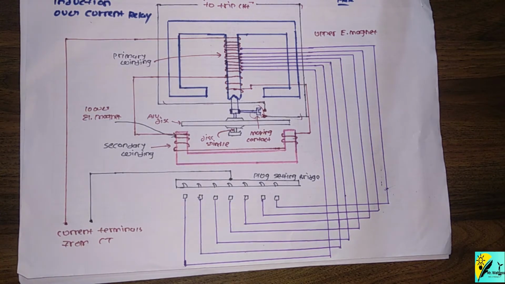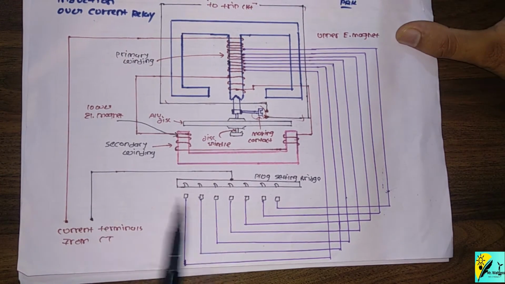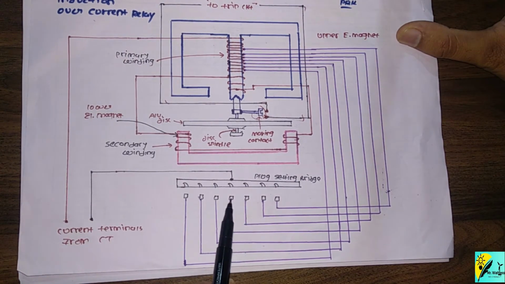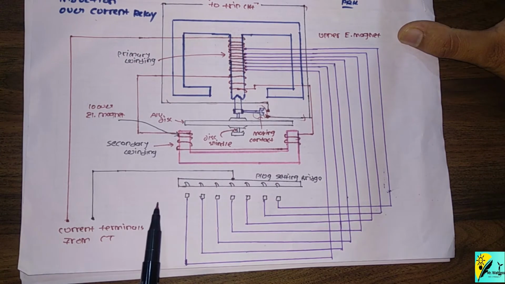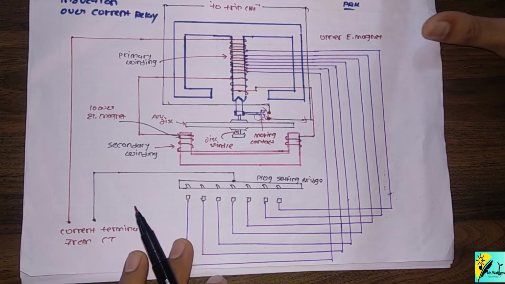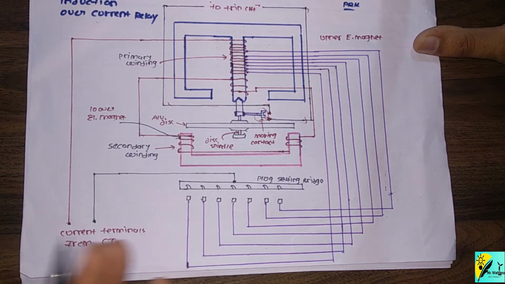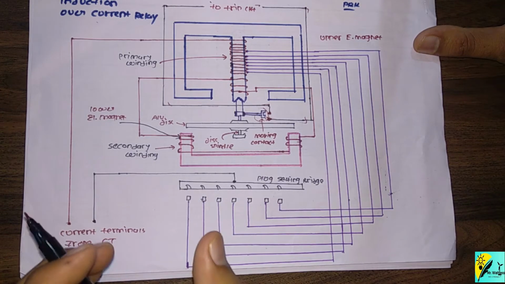There are usually 7 sections of tappings, as you can observe: 1, 2, 3, 4, 5, 6 and 7. It has a range of 50 to 200% in steps of 25%.